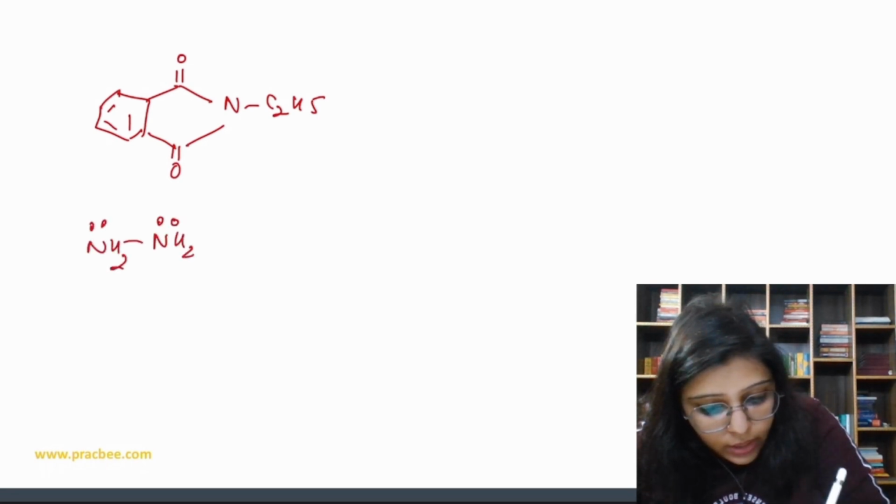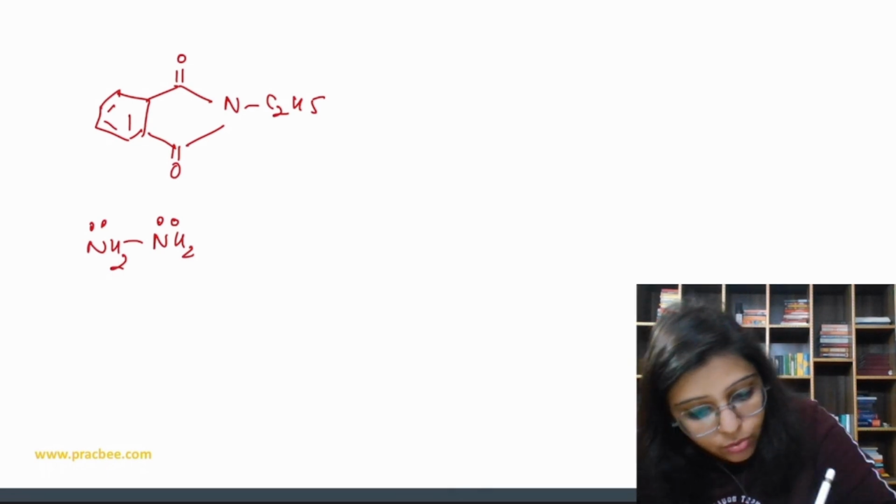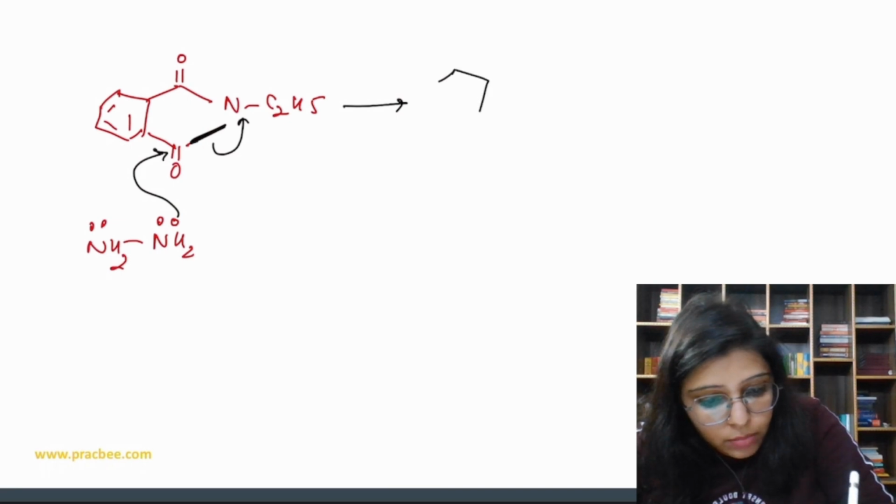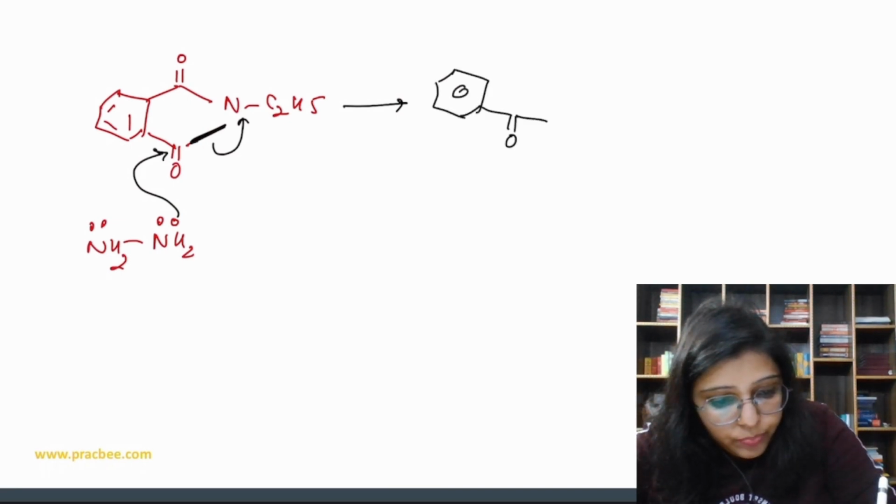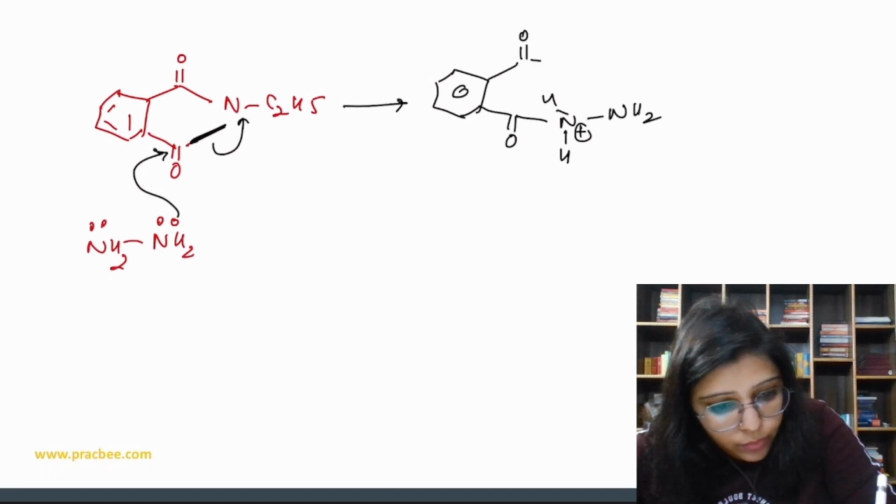The electron pair of nitrogen attacks this carbonyl carbon, and the electrons of the double bond shift to the oxygen. By doing so, we have NH2 and NH positive, and we write double bond O, N minus, C2H5.